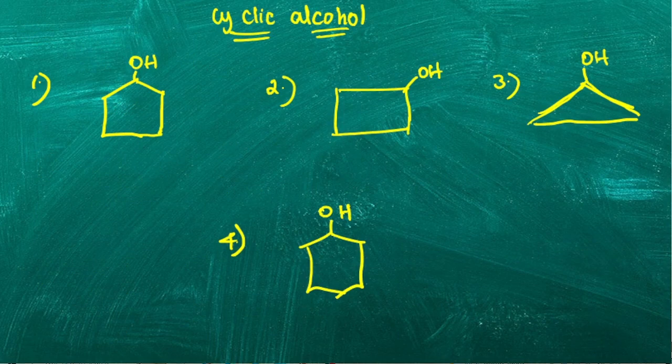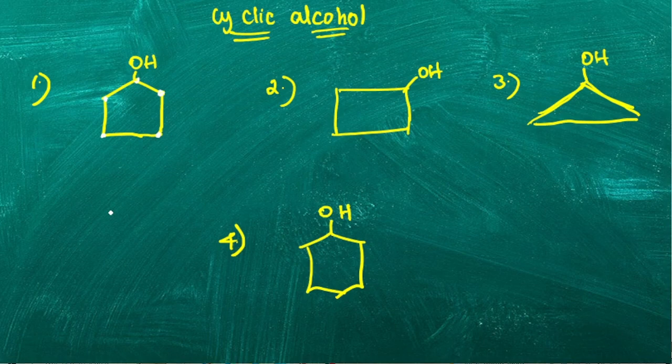Now before going to ethers, let us see the IUPAC names alone for the cyclic alcohols. So these are cyclic alcohols because inside no double bonds are present. How many points are there? 1, 2, 3, 4, 5. So this has 5 carbons.